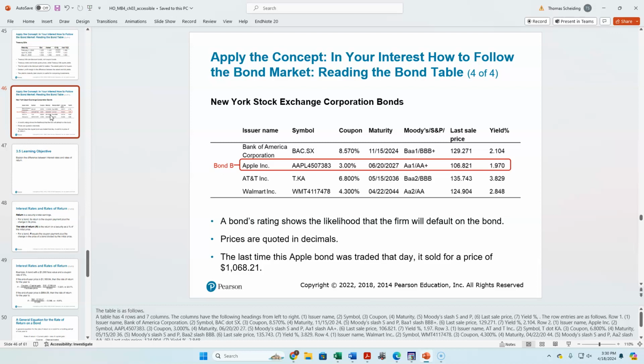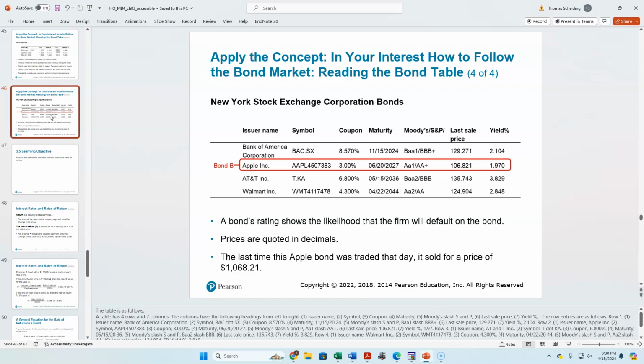Okay. Other things that you would see if you were looking at corporate bonds instead of government bonds? Corporate bonds would be bonds that are in a secondary market, most likely.